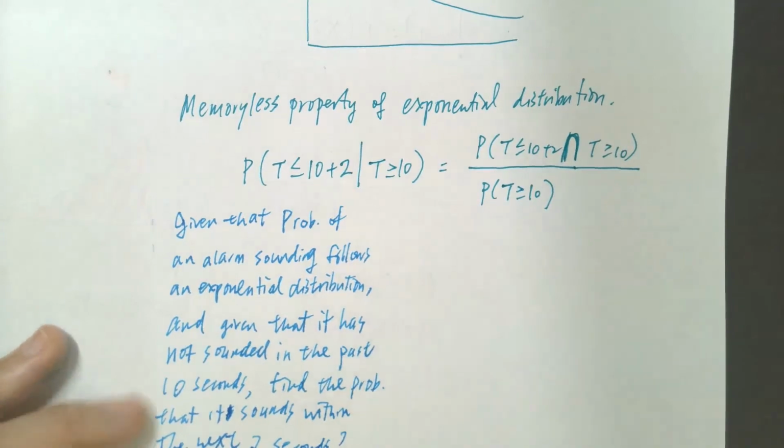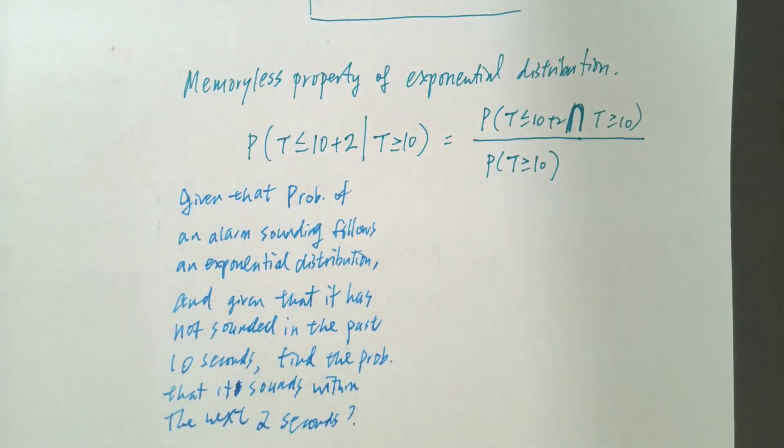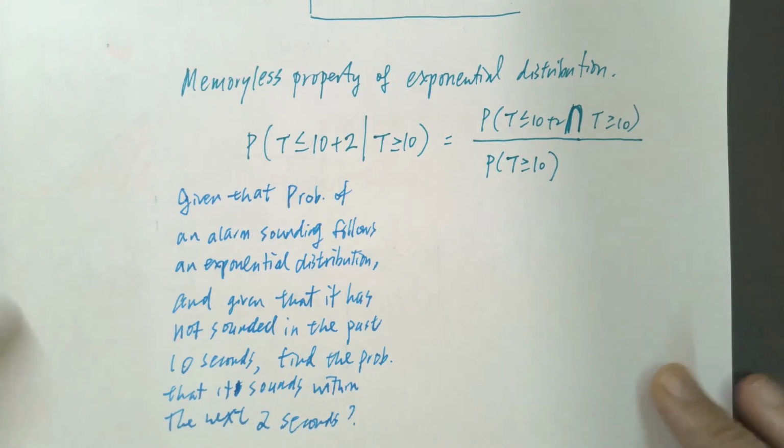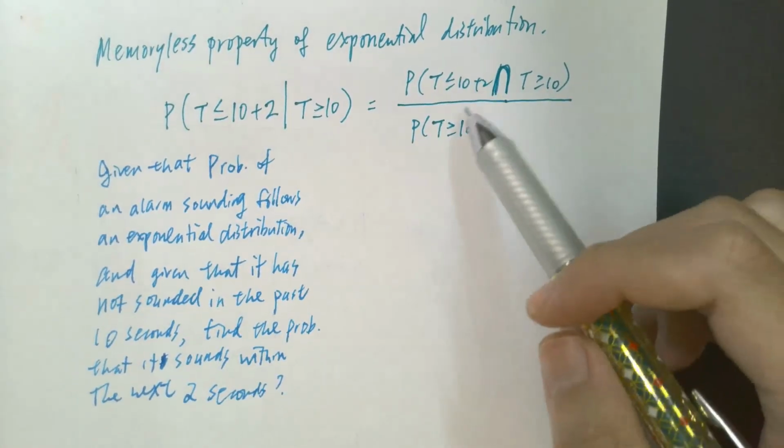Okay, so this is the question setup, right? So the probability of an alarm sounding follows an exponential distribution. It doesn't matter what our A is at this point, it's just that it follows this general distribution. Given that it hasn't sounded in the past 10 seconds, what's the probability that it's going to sound in the next 2 seconds, right? And then if we write the standard form, the probability should be something like this.